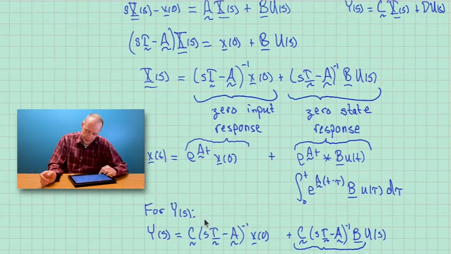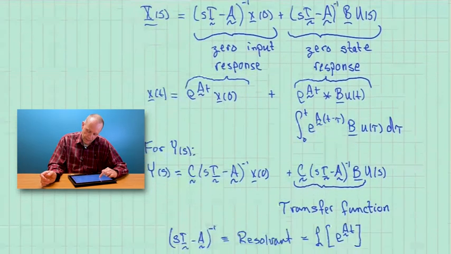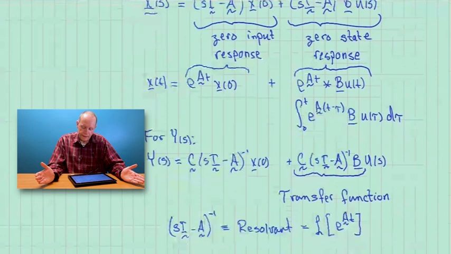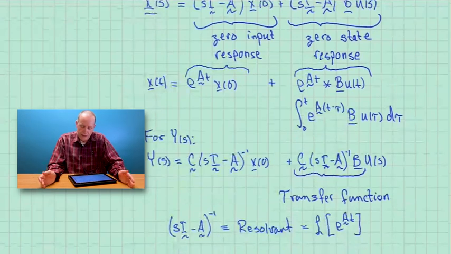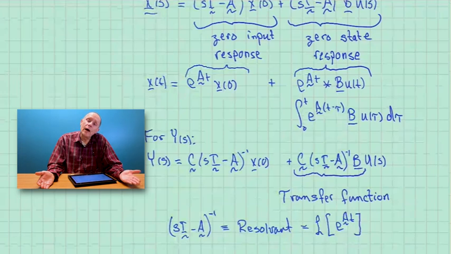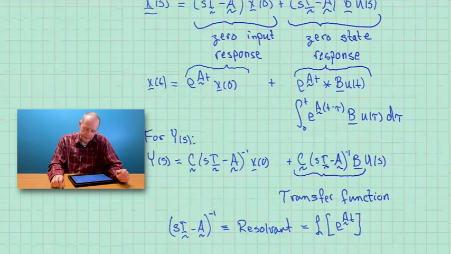So you can see the transfer function over here is C times (sI minus A) inverse B. That's the transfer function from u being the input and y being the output, assuming that D is 0, which is usually the case.